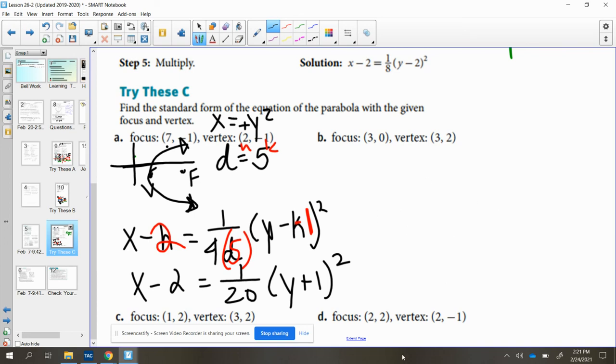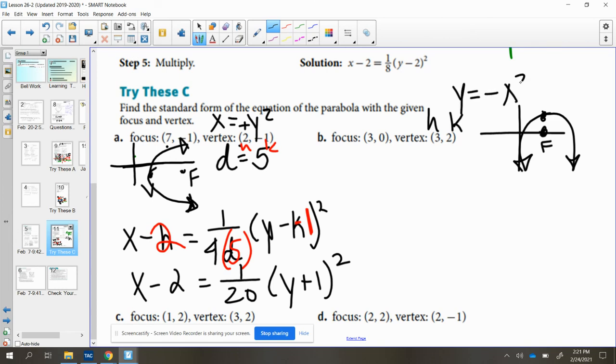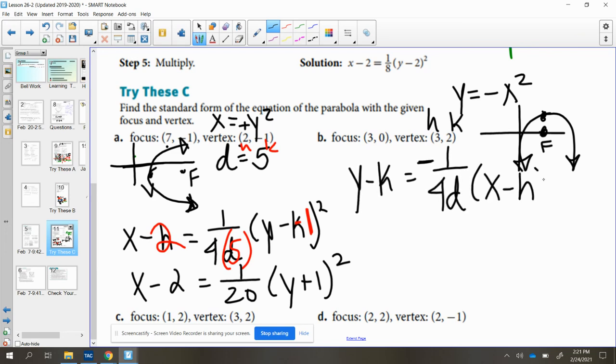Same thing then for part B. We have h and k given, and in this case we're at 3, 2. This time our focus is at 3, 0. So again, vertex always opens towards the focus. It's a downward facing, so we know it's a negative x squared type of parabola. So y minus k is -1 over 4d, x minus h quantity squared.